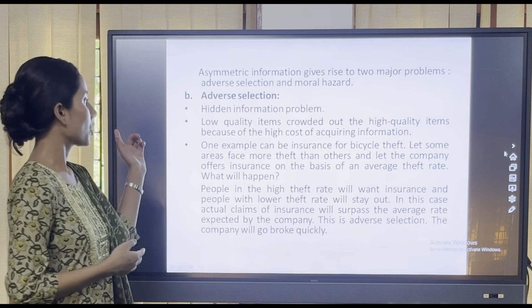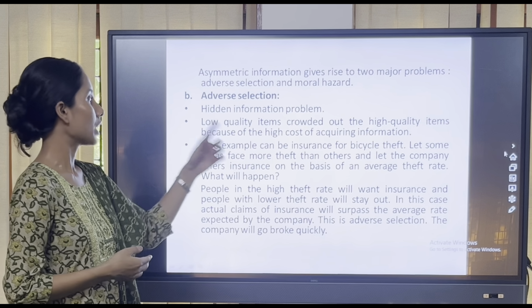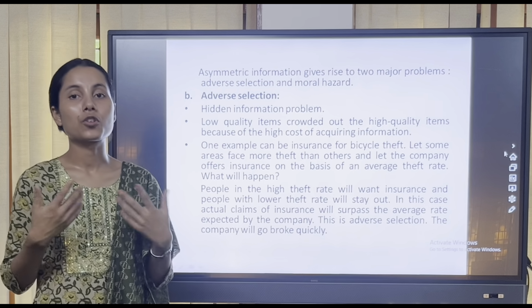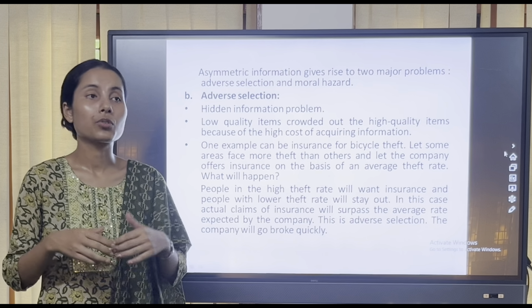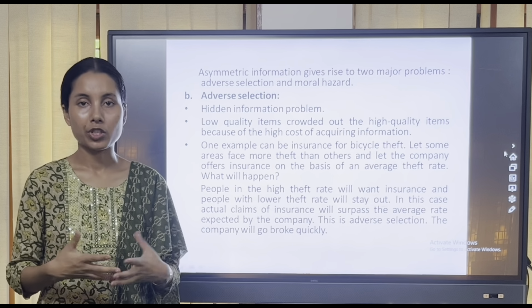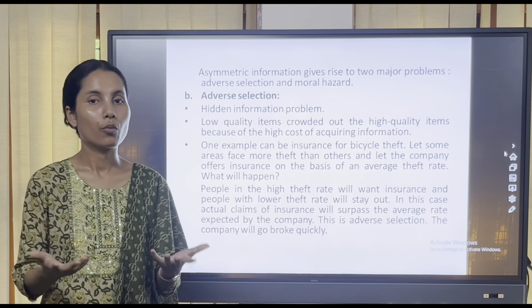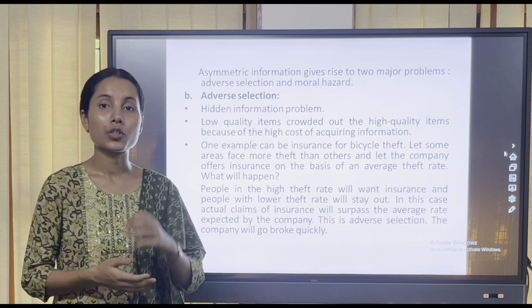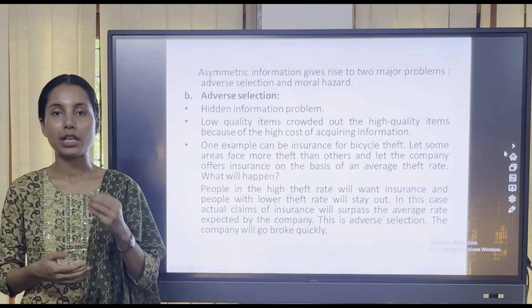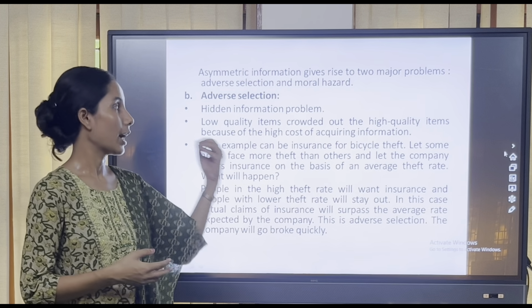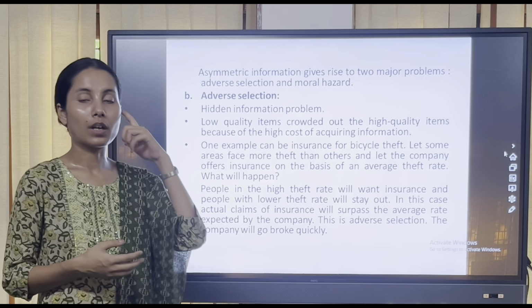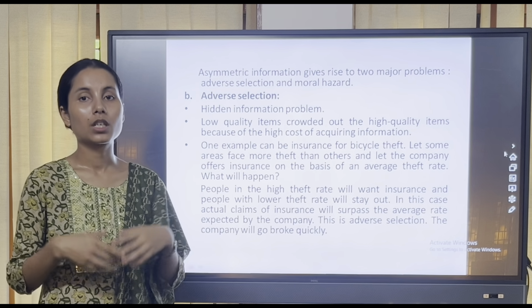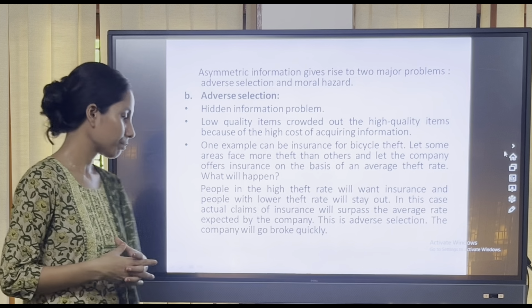It says that low quality items crowd out the high quality items because of the high cost of acquiring information, because we do not have the information about which car is of what quality. Because of this lack of information on our part, the high quality cars or products will go out of the market.